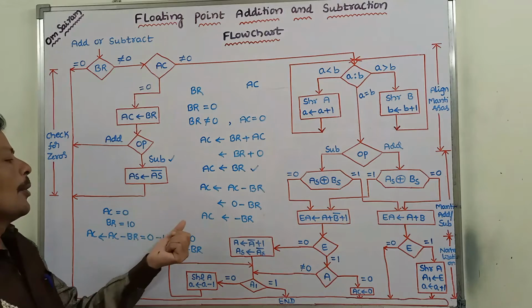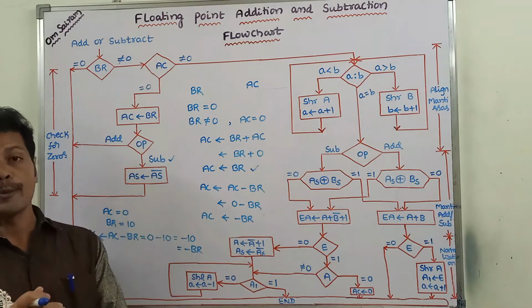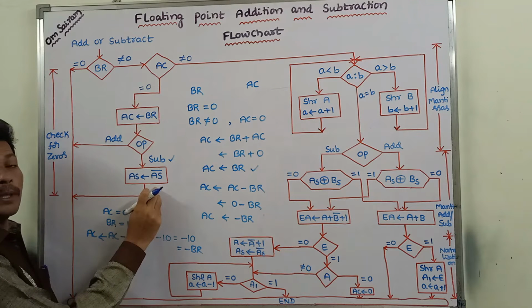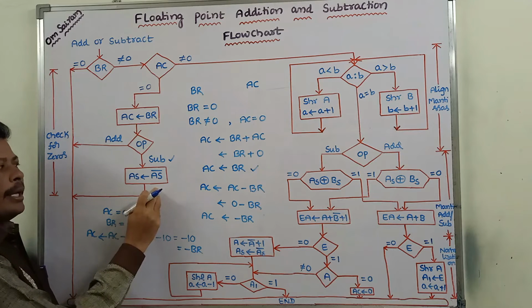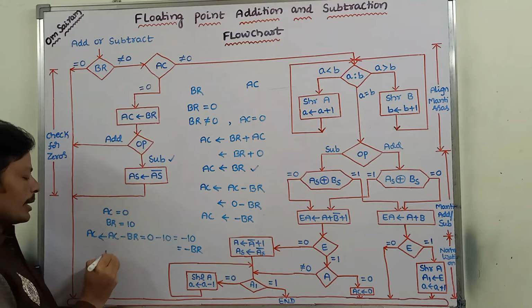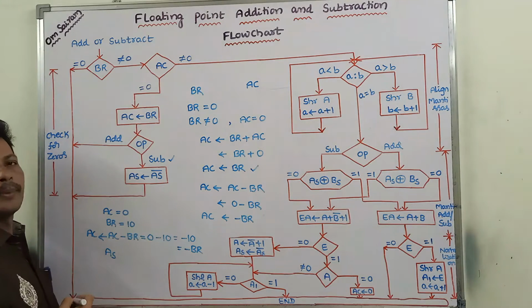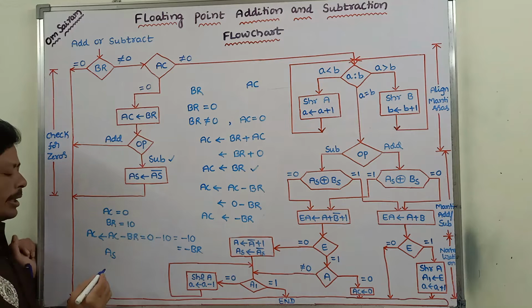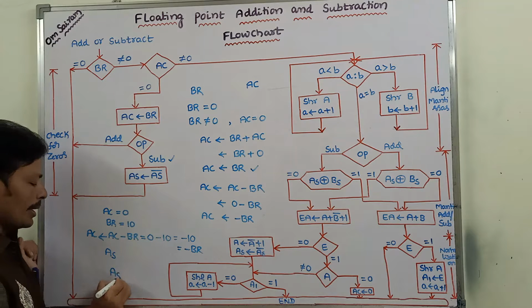So for getting the negative sign, we have to complement the sign bit of the accumulator. The sign bit of the accumulator is AS. For getting the negative result in the accumulator, we have to complement it.